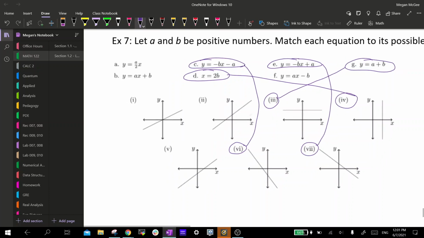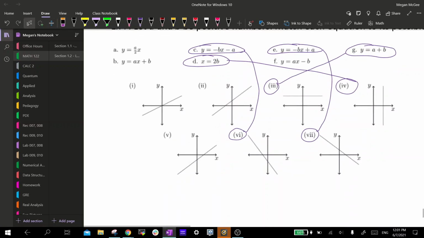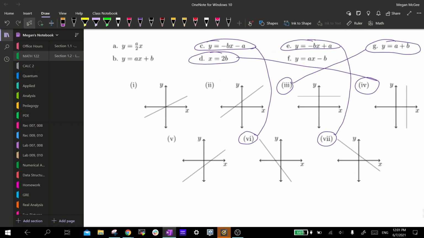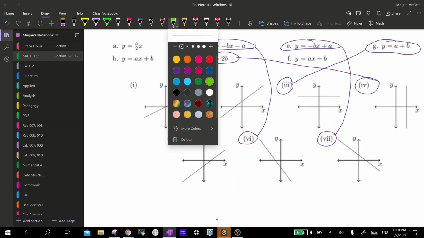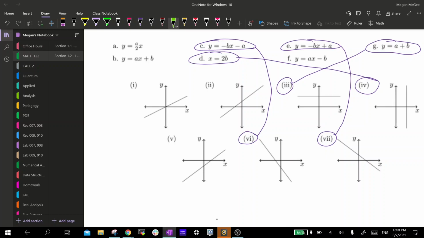Alright, we have 3 left. What do we have here? So we have 3 graphs that have a positive intercept. Let's write this down, actually. What do we see about all of these? Let's use this green. Alright, so here we have a positive y-intercept, right?